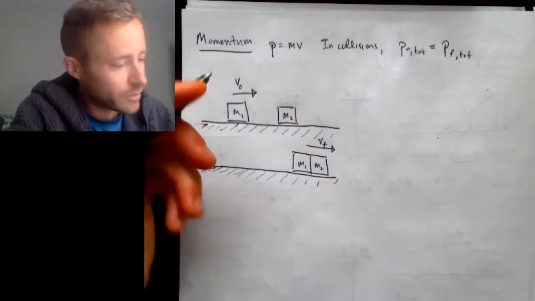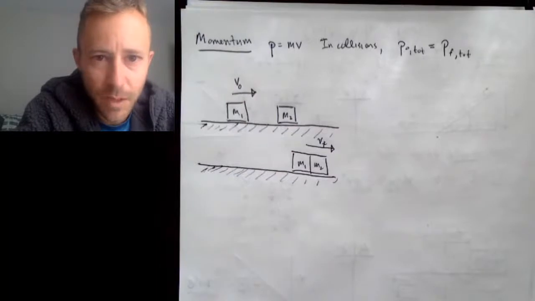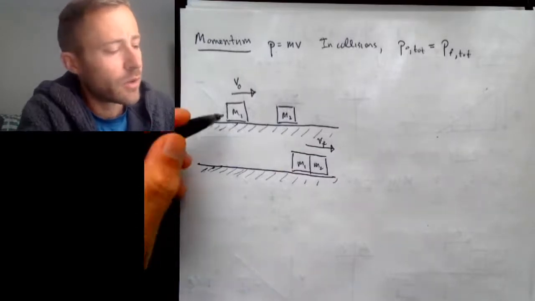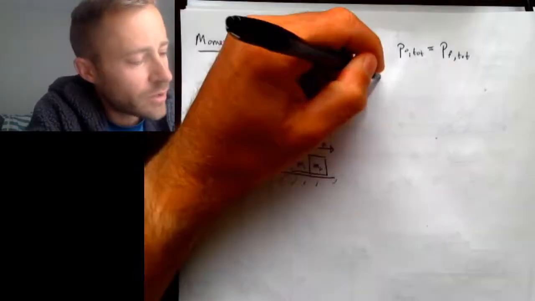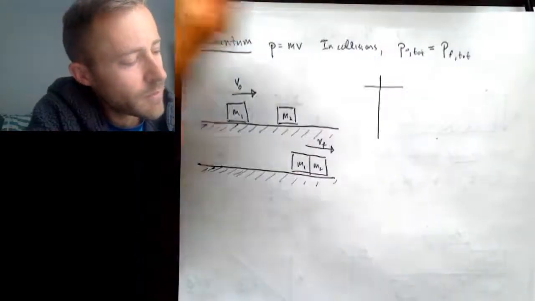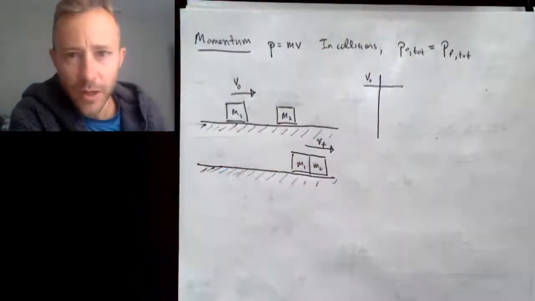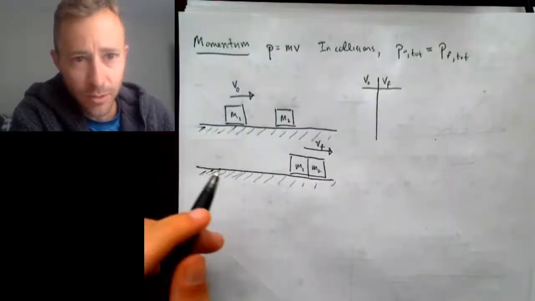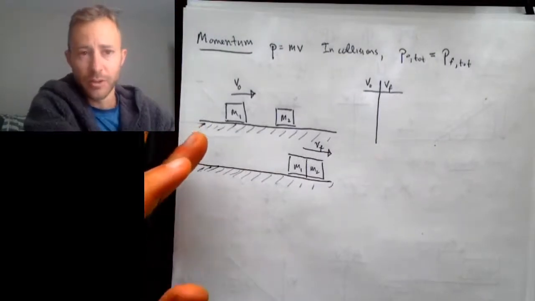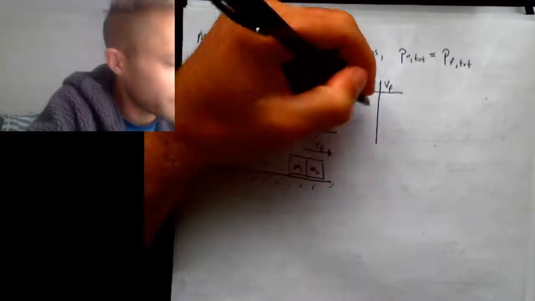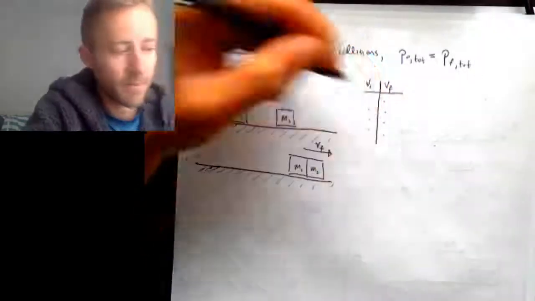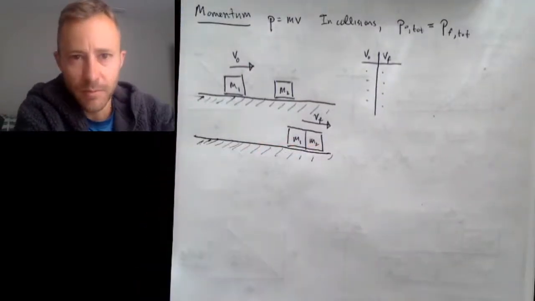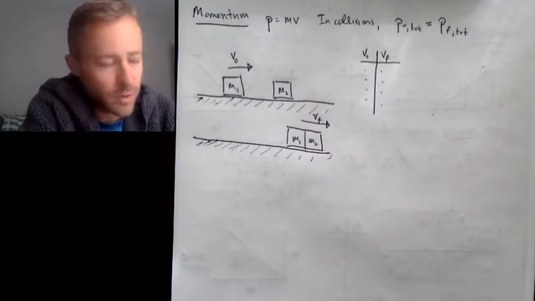I'm going to say that we changed the initial speed, and we saw how that affects the final speed. So we slide block 1 into block 2 with a bunch of different speeds. We measure that initial speed, we measure the speed after, and we get a bunch of data points. So this is called a completely inelastic collision when they stick together.